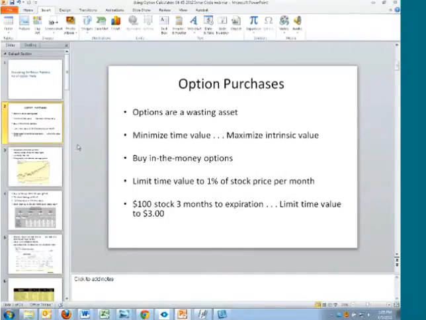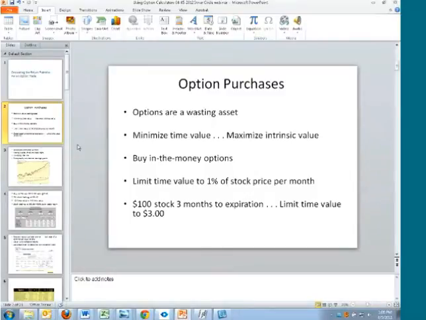So you want to minimize the time value and maximize the intrinsic value when you're buying an option. And of course, the way you do that is you buy in-the-money options, and that allows you to minimize the time value of the option.